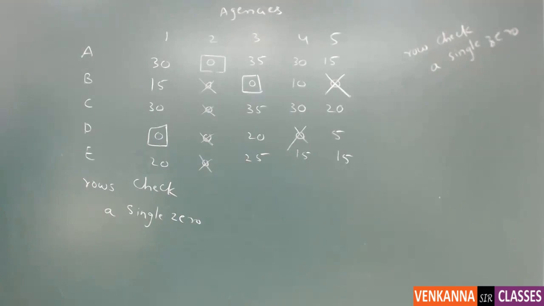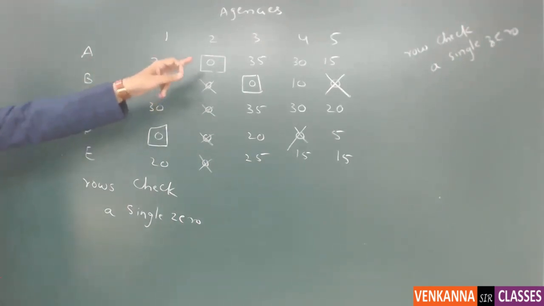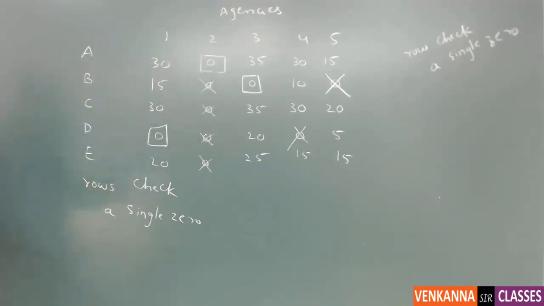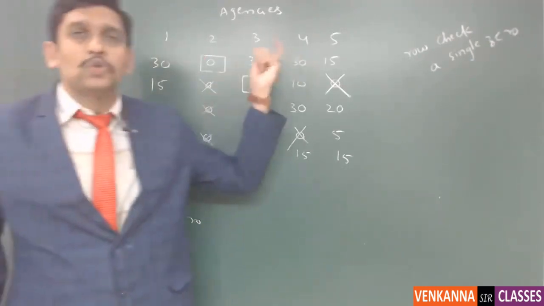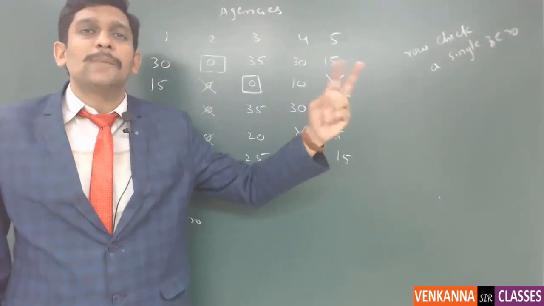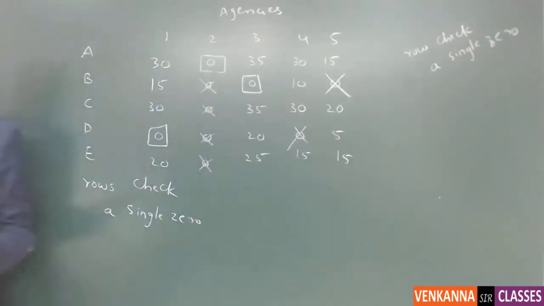Now, what is the optimality check here? If you have the first zero, this is the first possibility and it is the minimum among the others. Let me say, if you have two zeros, then you can choose arbitrarily. So usually assignment problems will have multiple optimum solutions.